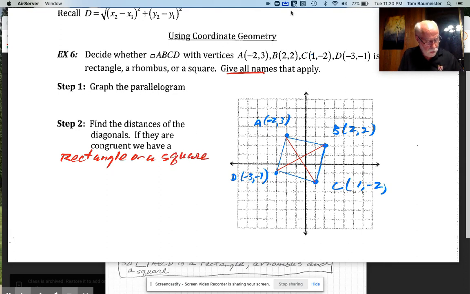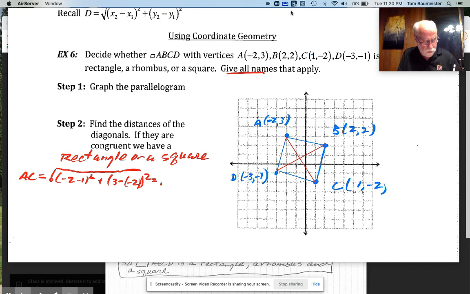So let's see. So for AC, again, choose one as x1, y1, one as x2, y2, and plug it in. So I'll get -2 minus 1 squared plus 3 minus -2 quantity squared.